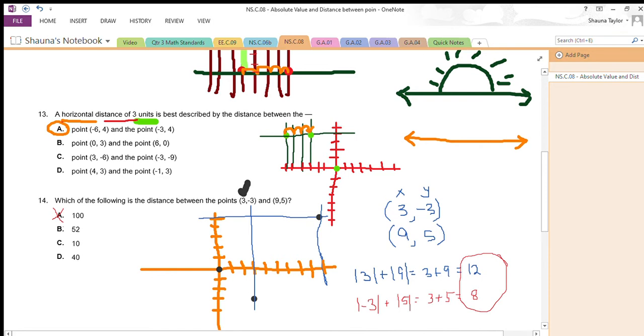And so if it's not 100, I know it's not 52, and I don't think it's 40, and I think it's 10, just the fact that there's a 12 here and an 8 here, and I couldn't find this. So sometimes you do have to make an educated guess. This looks like my best answer. The 10 is closest to the 12 and the 8. So that's what I would do with that one.